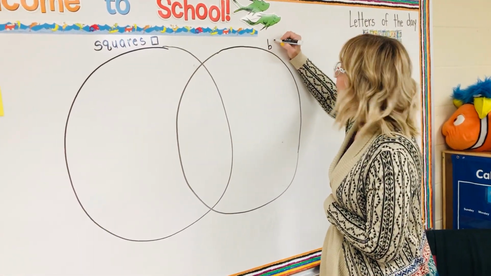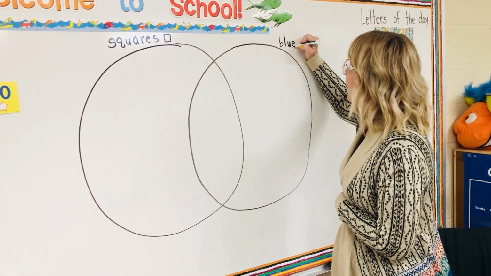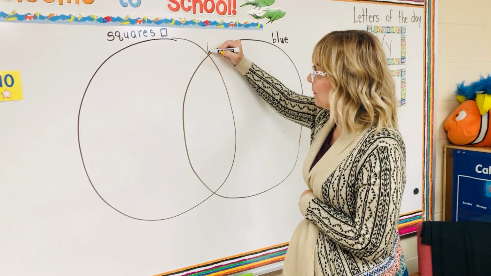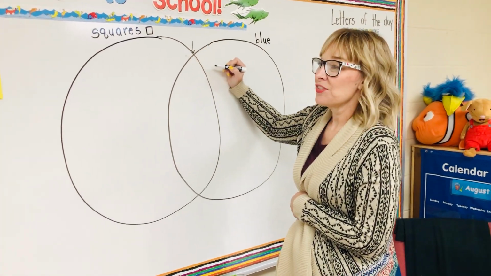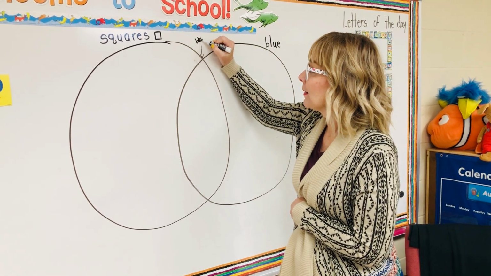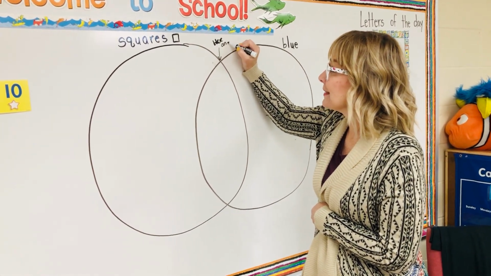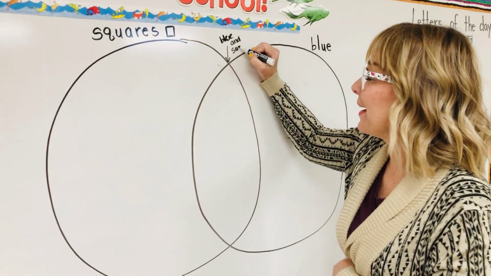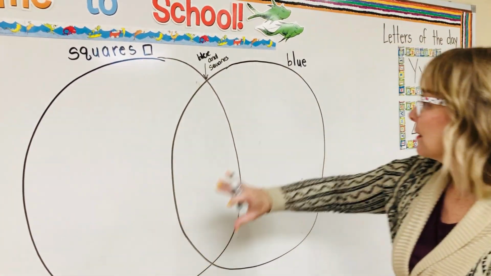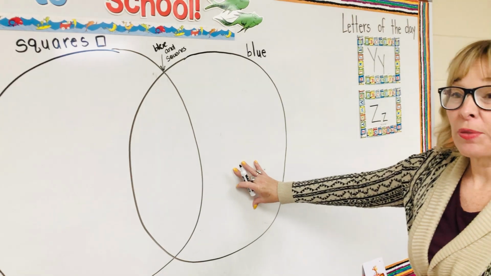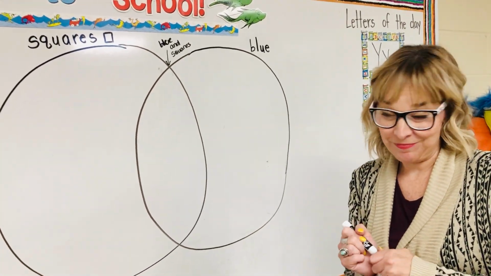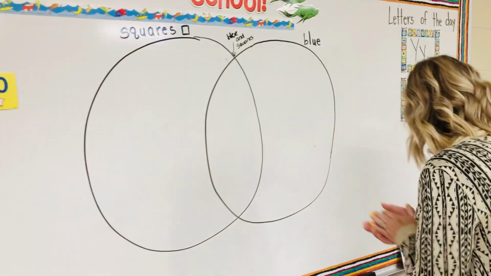So I'm going to write the color blue over here, which means that in this middle part, we have to have shapes that are blue and squares because they have to be in both. So over here squares, blue, and if they're both blue and a square, they get to go in the special middle part. All right, guys, let's do it.